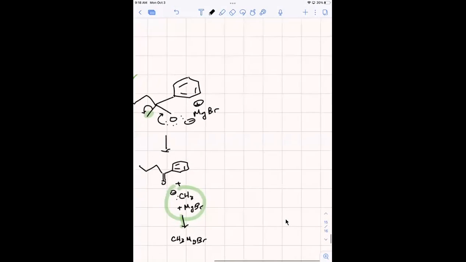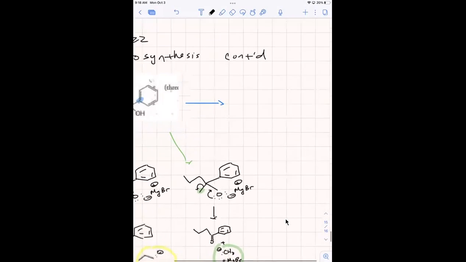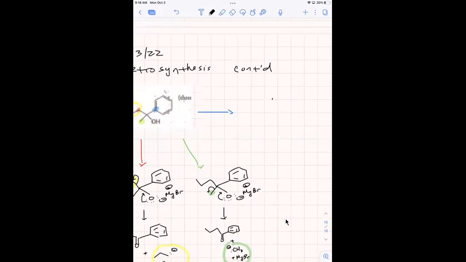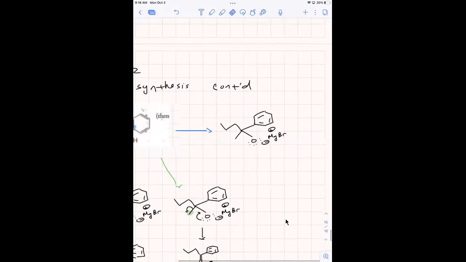All right. And then here, that's my intermediate. But now I'm looking to remove the ring, because remember, a Grignard can be aryl, it can be alkyl, or it can be vinyl, right? There are other types of Grignards too. But it can be aryl, alkyl, vinyl, it can be allylic.